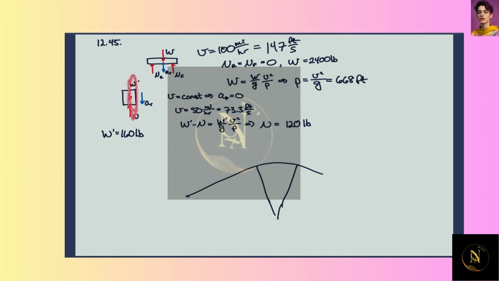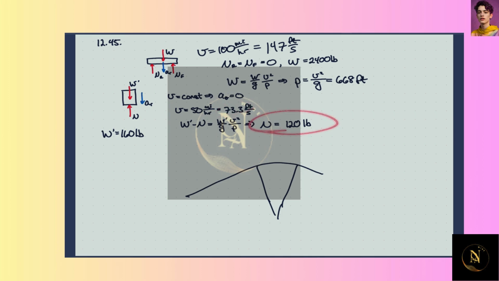A free body diagram says that W prime minus N equals the mass of the driver times V squared over rho. We can solve for N, plugging in W prime, because we know that. We know rho from before, V squared is here, and we know g.